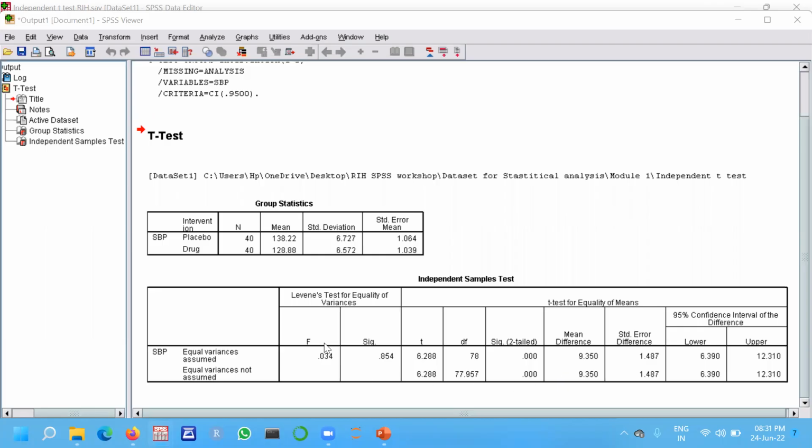See, this is a difference. See, Levene's test of equality is a test of assumption. So that is why it is significant when the p-value is more than 0.05. Whereas the t-test is a test of significance.